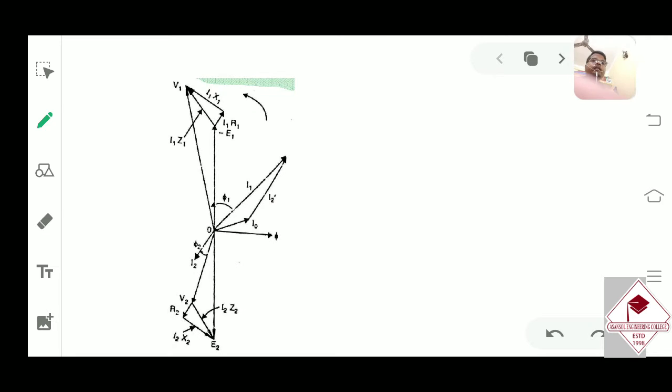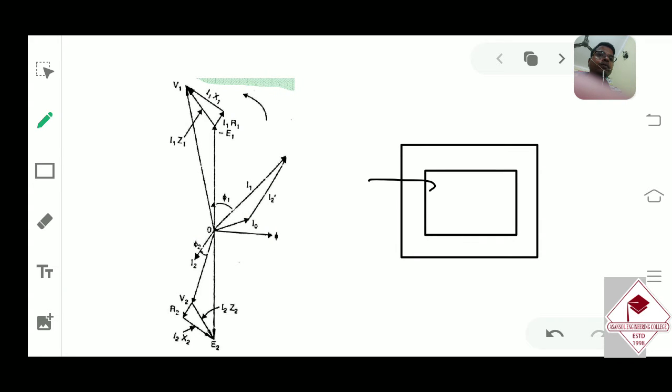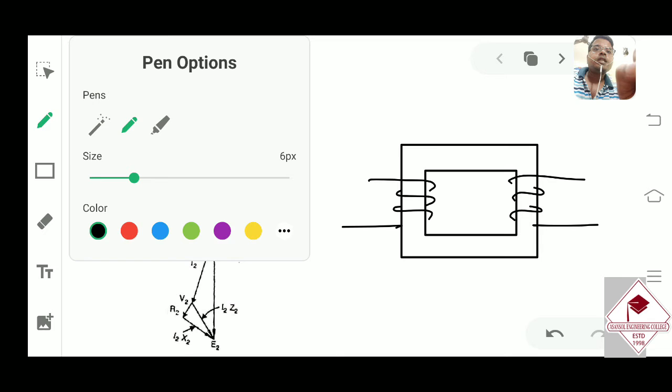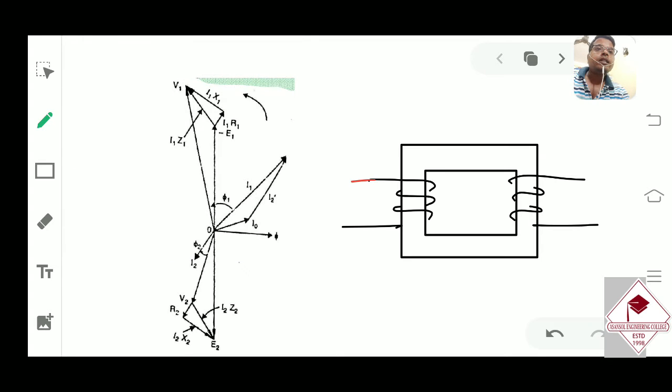First we should understand what is leakage flux. So see, this is the core. The moment the supply is given, current starts flowing and due to this flux is generated. Now all the fluxes are not linking with both primary and secondary.